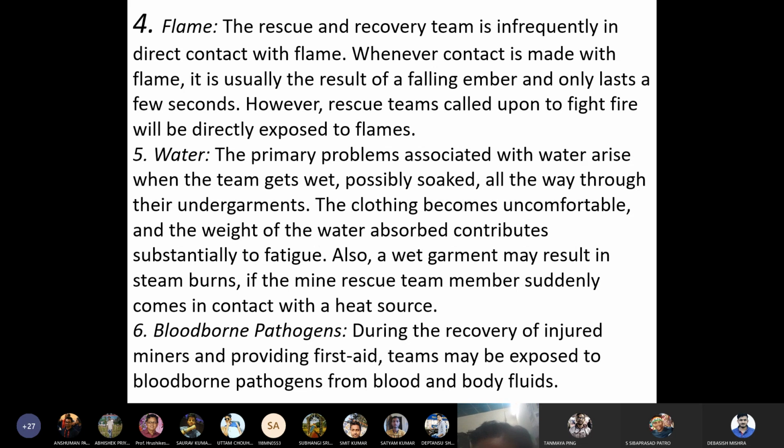In a watery mine, there will be a lot of water, and there will be blood-borne pathogens because if some people have died inside the mine, then they will develop blood-borne pathogens. During the recovery of injured miners and providing first aid, rescue teams may be exposed to blood-borne pathogens from the blood and body fluids of the affected people.